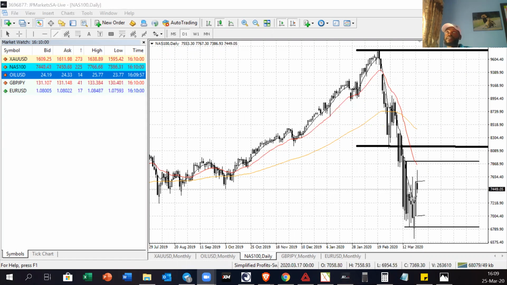So we broke yesterday's high, which was this here, and then we broke today's high. Let's just slow down there. Just slow it down.